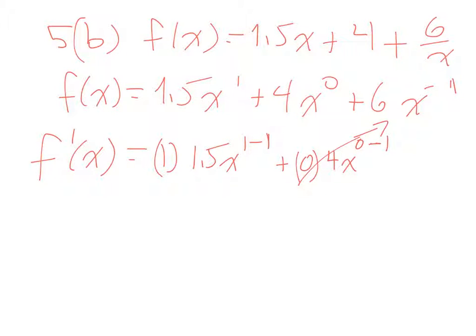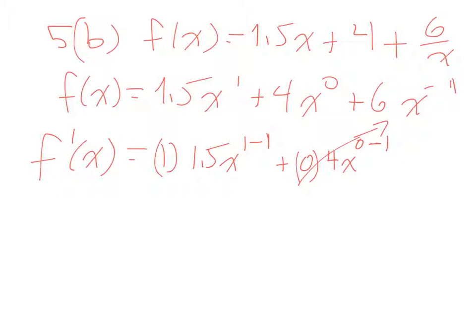And then finally, last term, -1 times 6x to the -2. Okay, you got to take away 1. Very important to take away 1 there. From -1, 1 from -1 is -2.